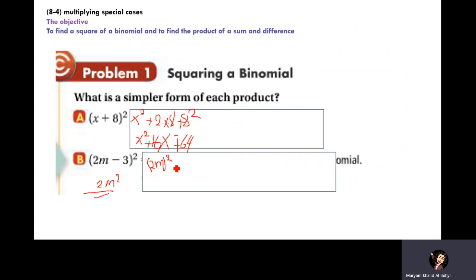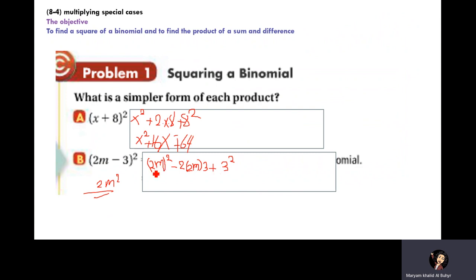Then you will continue: the last term squared, which is 3 to the power 2, minus 2 times the first term times the second term. So just multiply them, 2 times 2m times 3. That's according to the rule that I learned. Let me work on that.